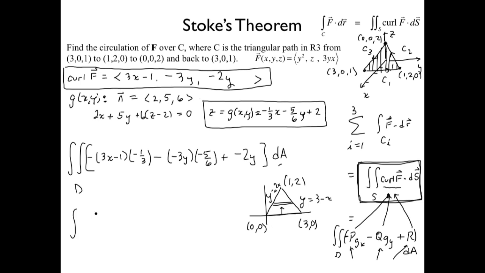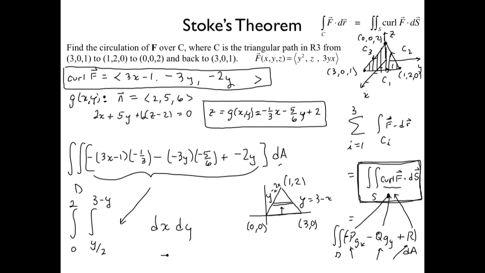So x on the left is y over 2. x on the right is 3 minus y, dx dy. And y goes from 0 to 2.